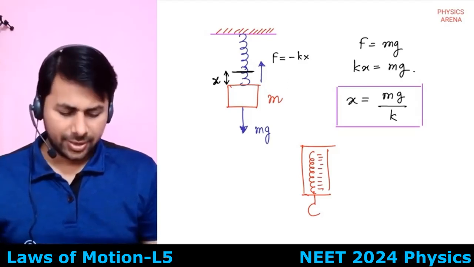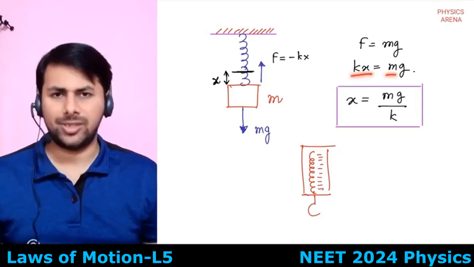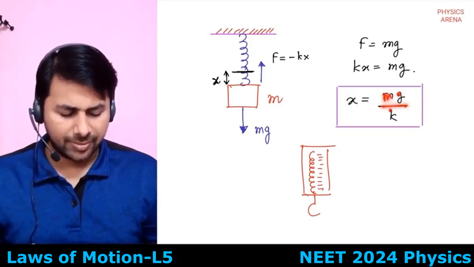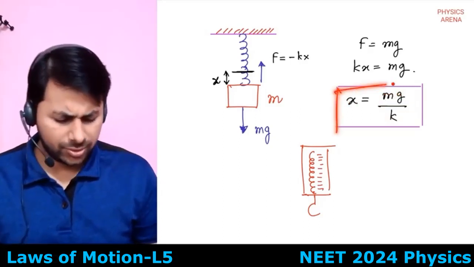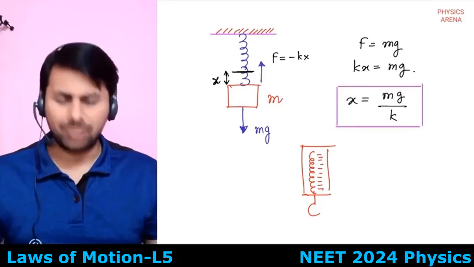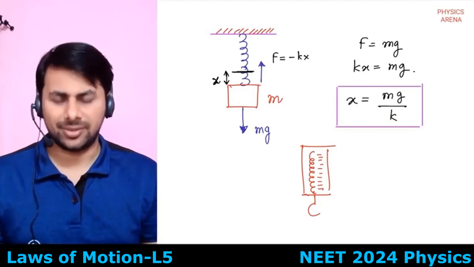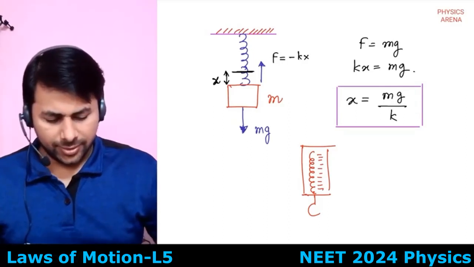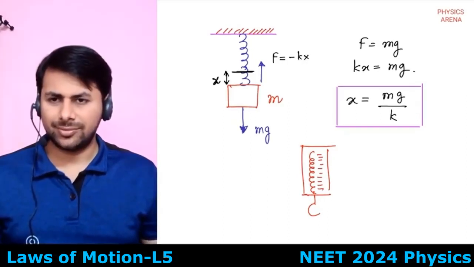Suppose it is x. So kx will be equal to mg. So you get x equal to how much? mg divided by k. Using this formula, we measure the weights of things using the spring balance, right? Okay. So this thing is clear. Is there any doubt?